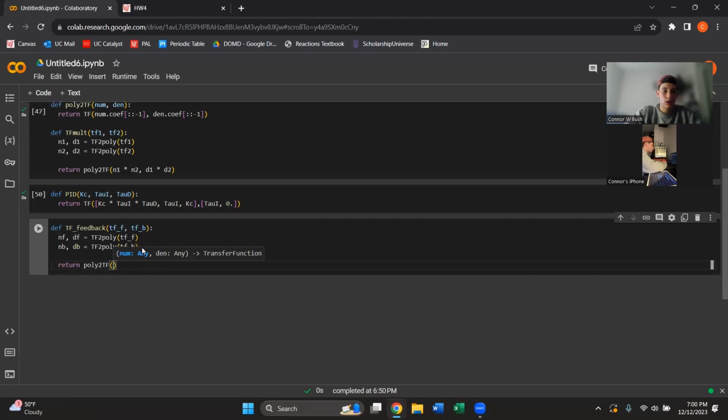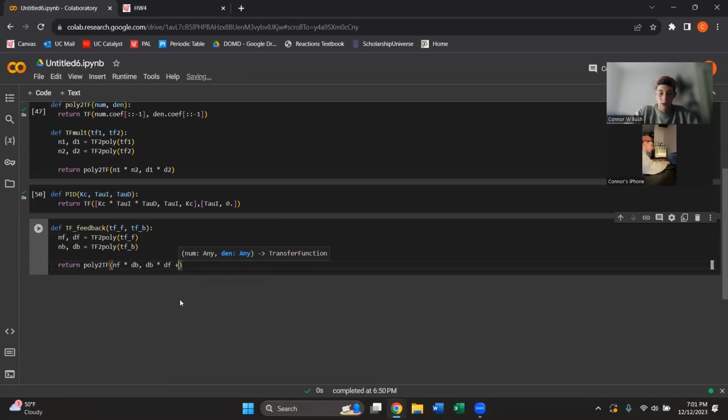So our numerator was, I'm going to be looking at my iPad again for reference right here. This expression we got, so the numerator is the forward numerator multiplied by the backwards denominator. And then our denominator is the backwards denominator multiplied by the forward denominator.